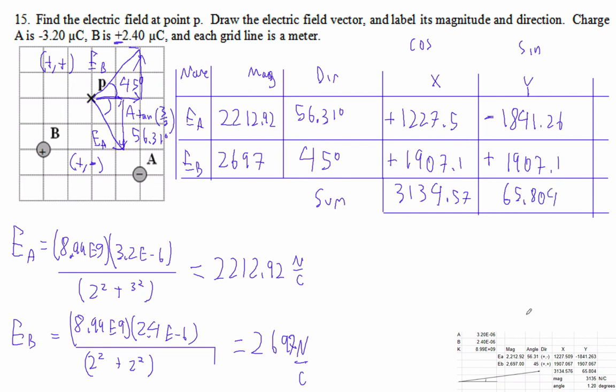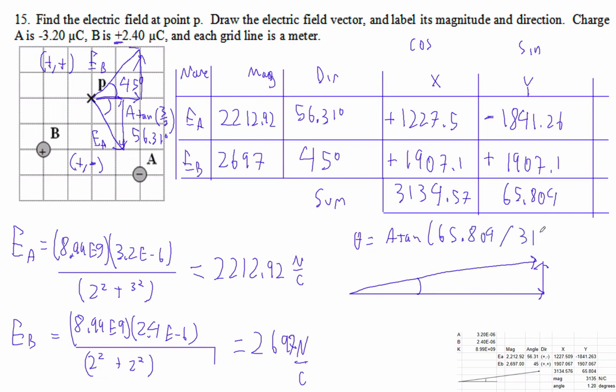All right, now we got to draw a picture of this. Let's draw it. Okay, so it's to the right. It's up just a smidge. Right, that's an exaggeration, I'm sure, and then it's this guy. Okay, so that angle is minuscule. That angle there is the tan of, opposite over adjacent, right? 65.804 divided by 3134.57.